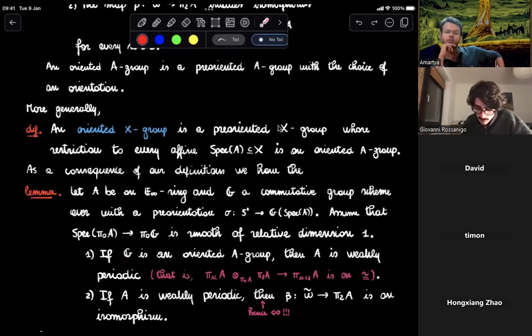Let me recall that this means that whenever we tensor the n-th homotopy group with the second homotopy group and go to the (n+2)-th homotopy group, this map is an isomorphism. This happens for K-theory, essentially.